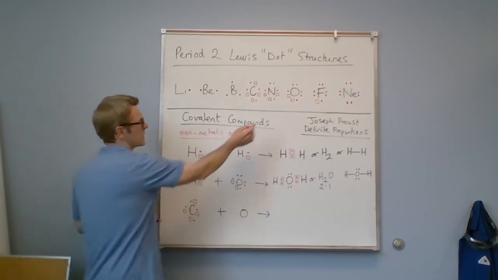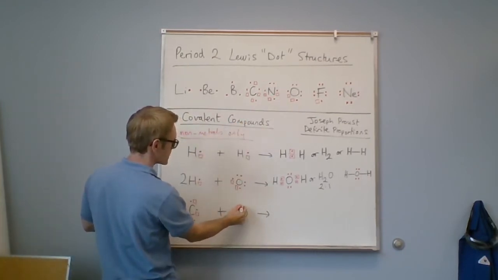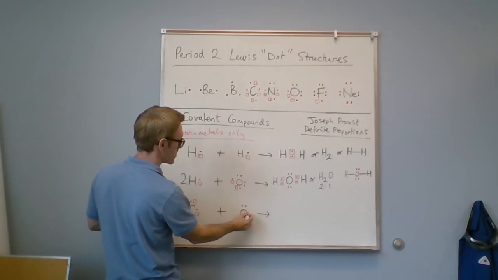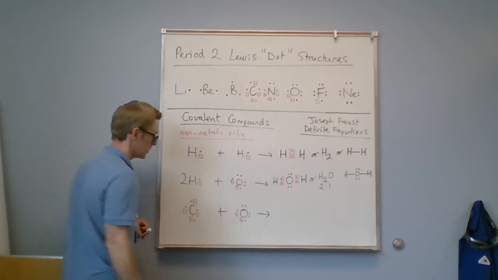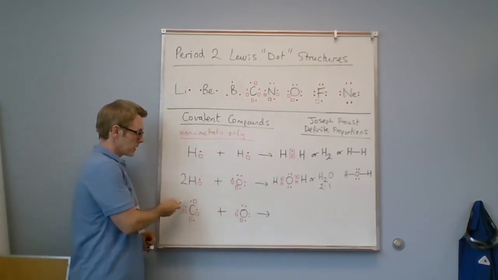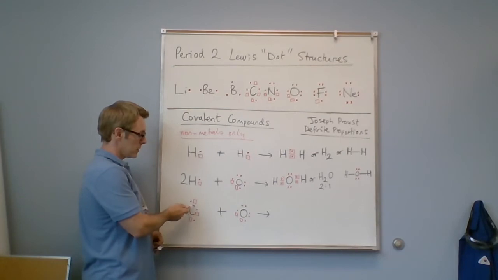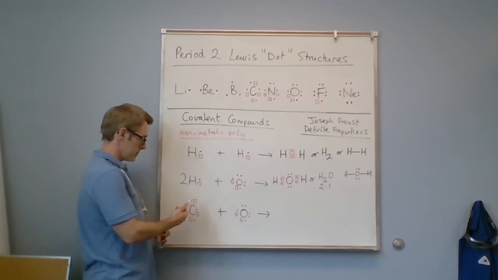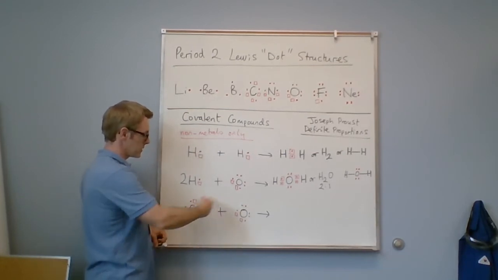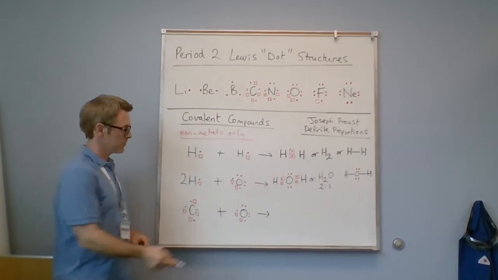And I have oxygen over here with its 6 dots and its 2 boxes. Well, carbon has to fill 4 boxes and it can also give 4 dots.